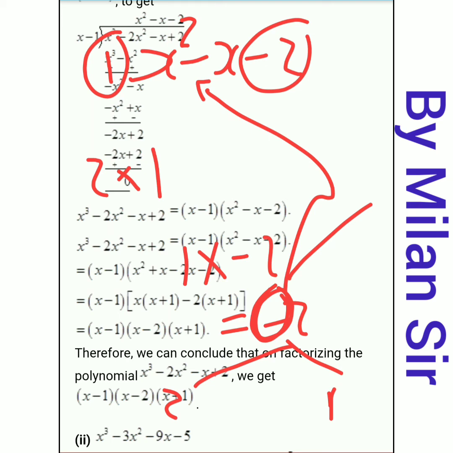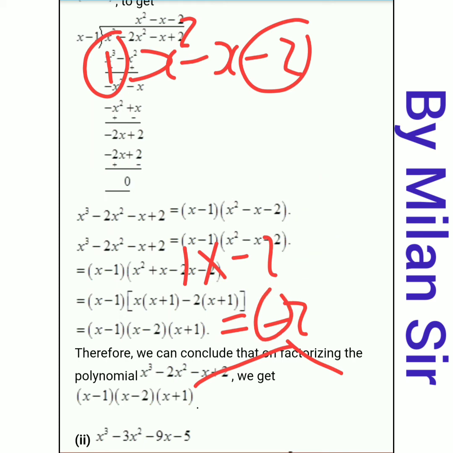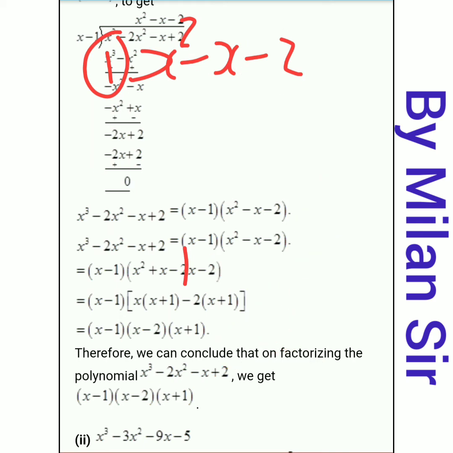The middle term sign we give to the bigger factor, minus, and I give plus to my other factor. So one factor is minus 2, the second factor is plus 1.